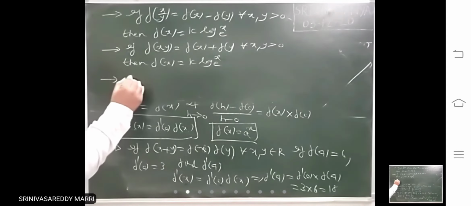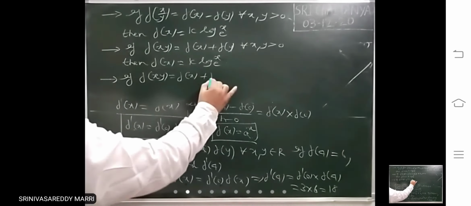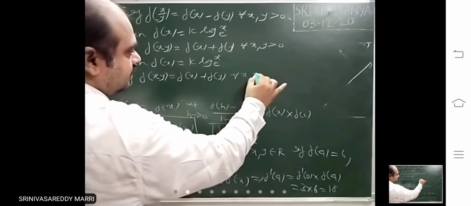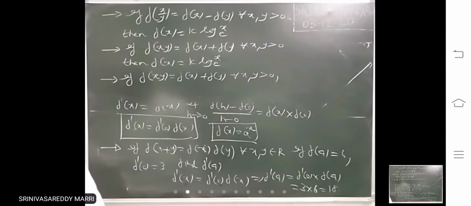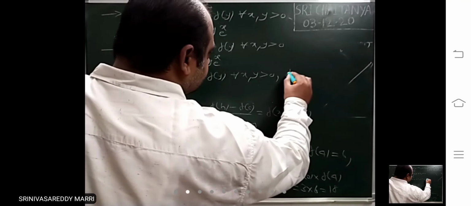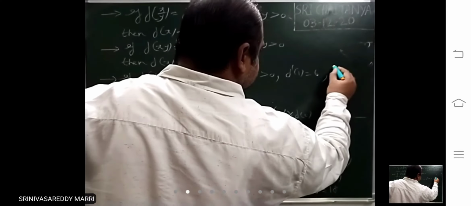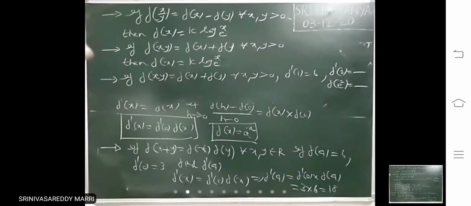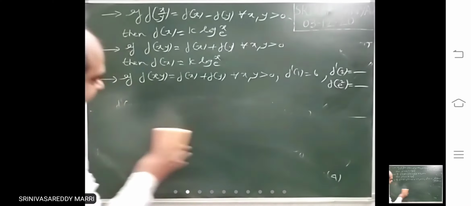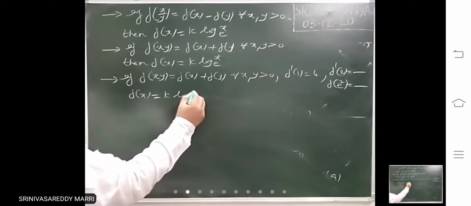Look at how the problem will be asked. If f dash 1 equals 6, he is asking f dash 2 equals what, f of e square equals what. Now you know the formula. f of x equals k log x.